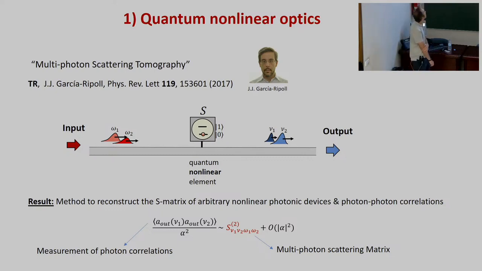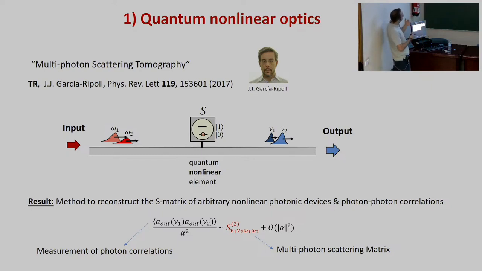Okay, so in the line of quantum nonlinear optics, one of my first important results was together with Juanjo, which was the first project we worked on together when I came to Madrid, and we developed something that we call multi-photon scattering tomography, which is basically a method to reconstruct the scattering matrix of an arbitrary quantum emitter, for instance, a two-level system coupled to a waveguide, but it can be any other system that scatters light.